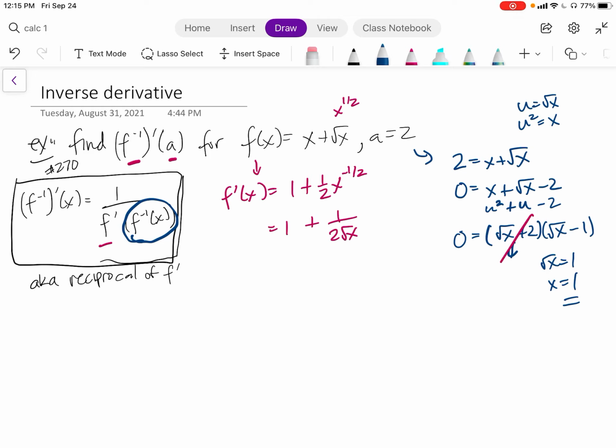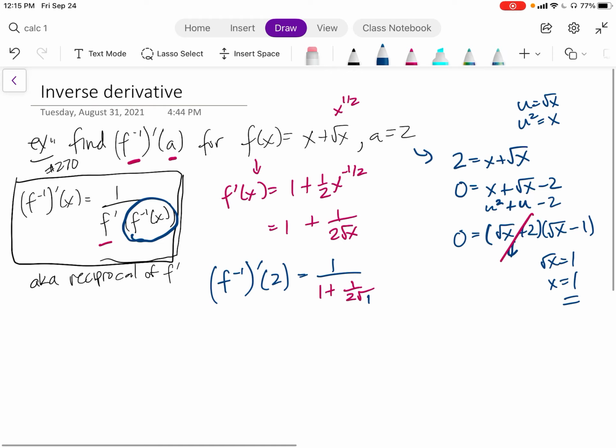So last, the formula, to finish solving this, tells us that the derivative evaluated at a, in this case 2, is 1 over, I need to plug in the result I just got for x into the derivative function. That derivative function was 1 plus 1 over 2 square root 1. Not 2, because I needed the inverse.